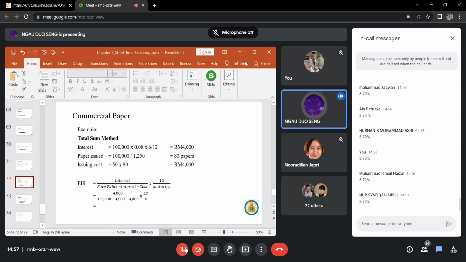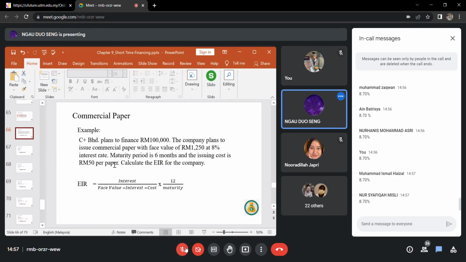You check the question. Right, issuing cost is 50 per paper.